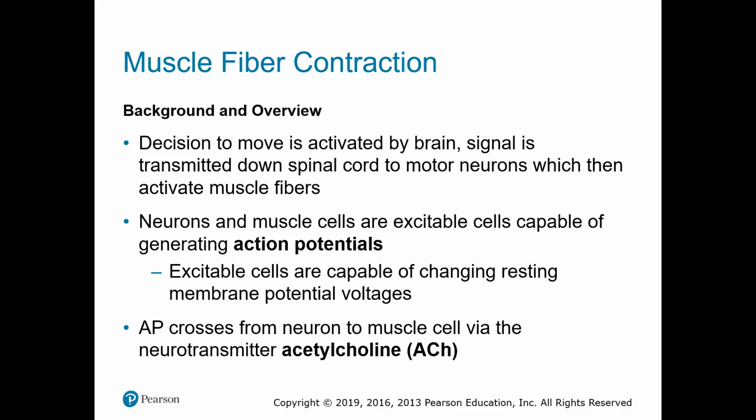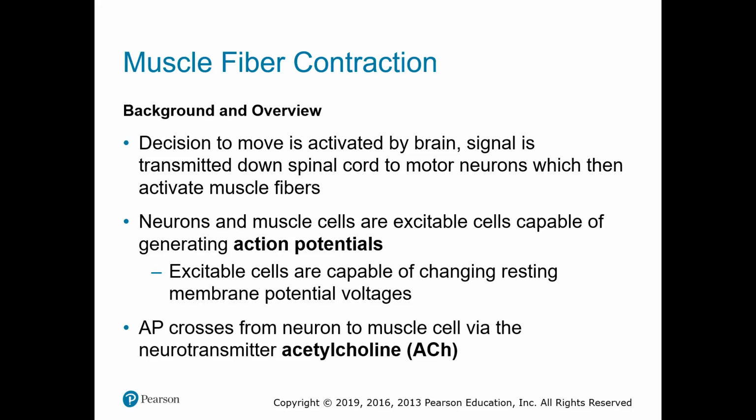It's caused by the presence of ions inside the cell and outside the cell. So the action potential is a change in the charge on the membrane of a muscle cell or a nerve cell. A nerve impulse, but we're going to call them action potentials right now.